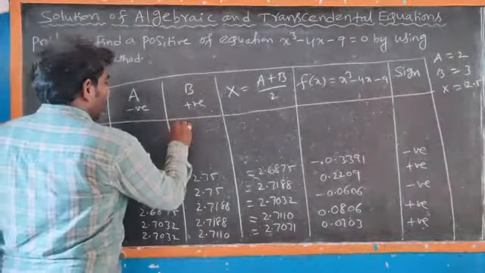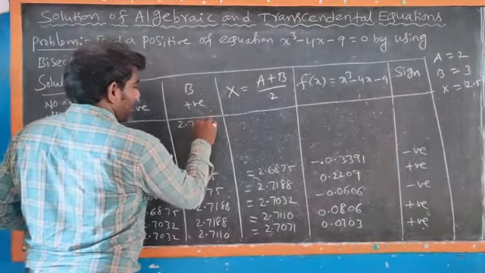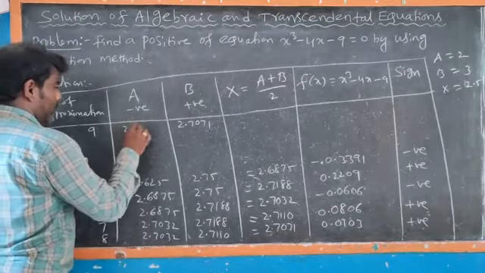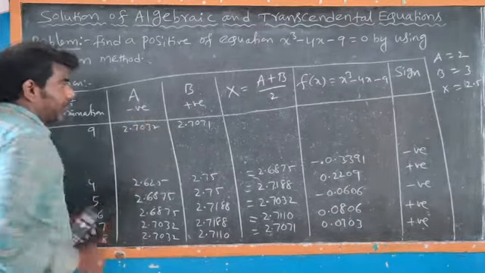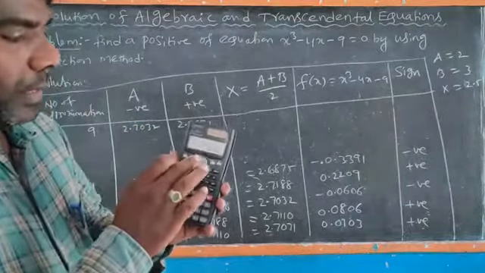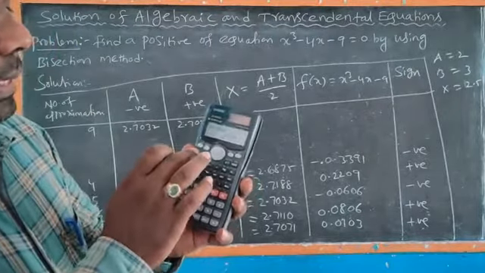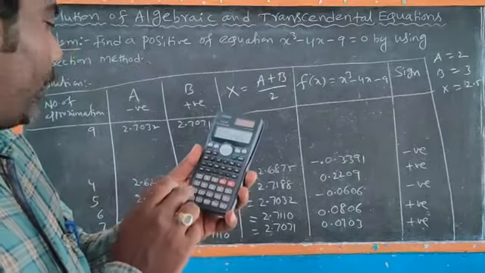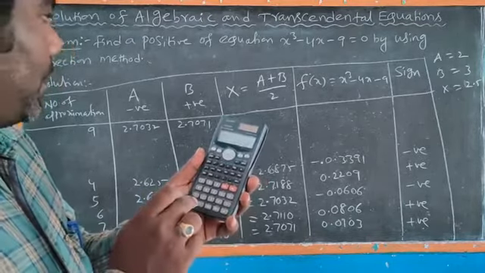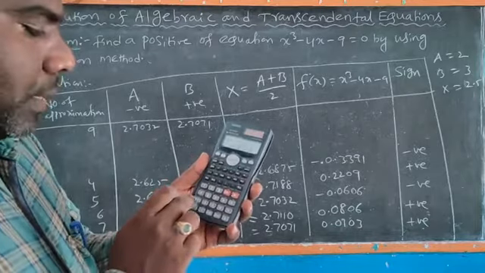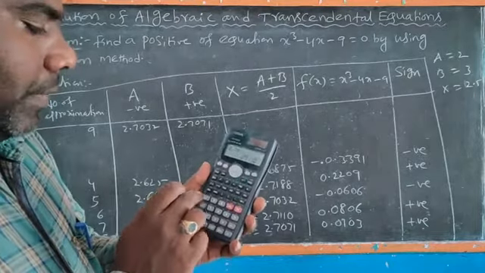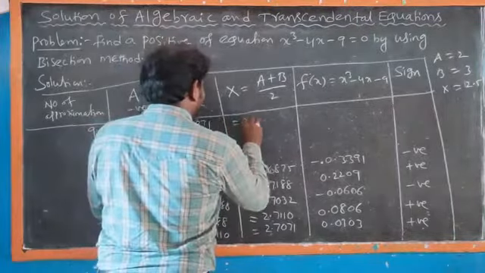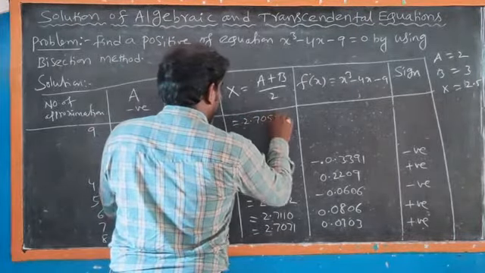So 2.7071. So what is the a value? The a value is the same as the eighth approximation, 2.7032. Right. Now go back. We get the formula. Calculate what is a: 2.7032. What is b: 2.7071. That equals 2.7052.